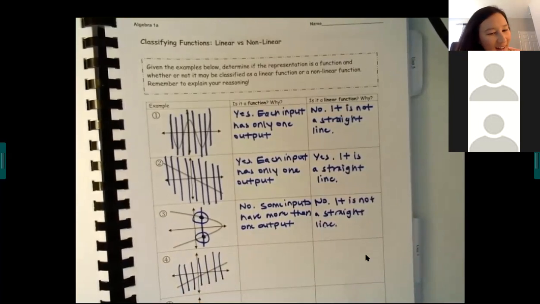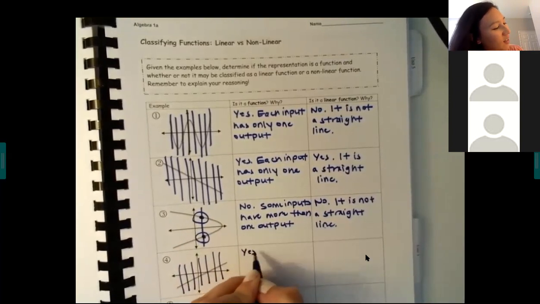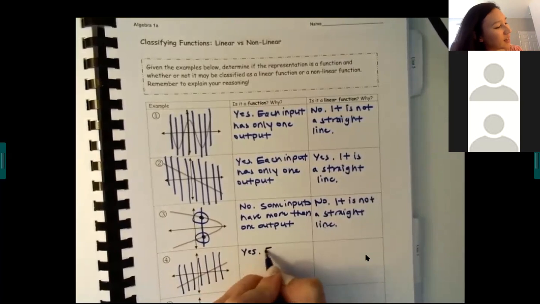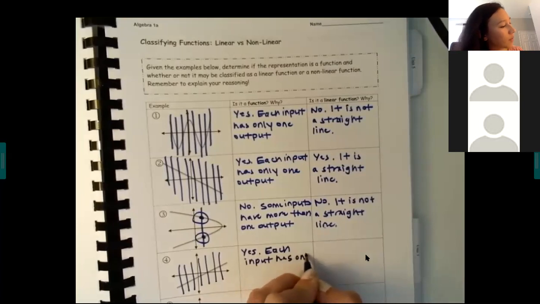I don't think you can find any, right? Do you want to change your answer? Yeah. Okay, right. It is a function. So we'd say yes, because each input has only one output.